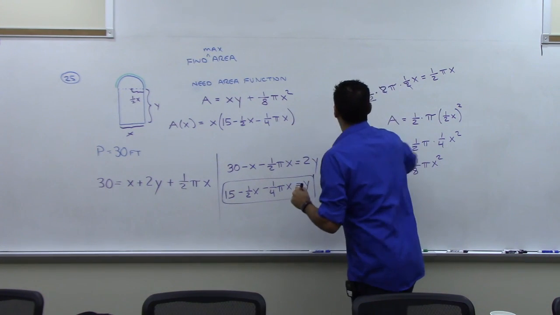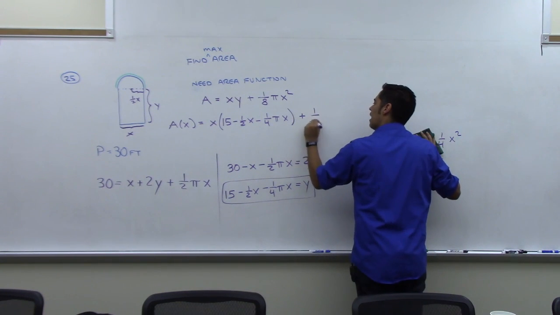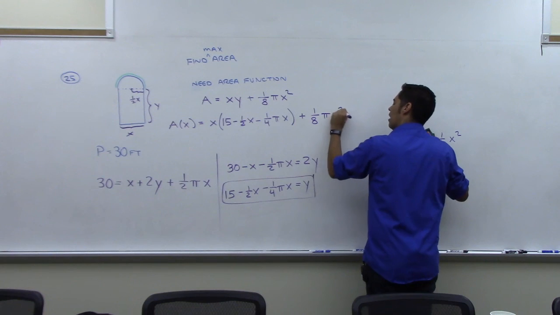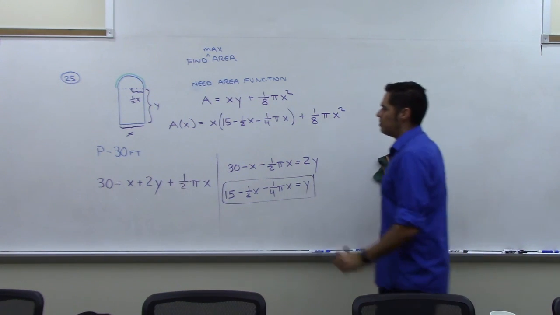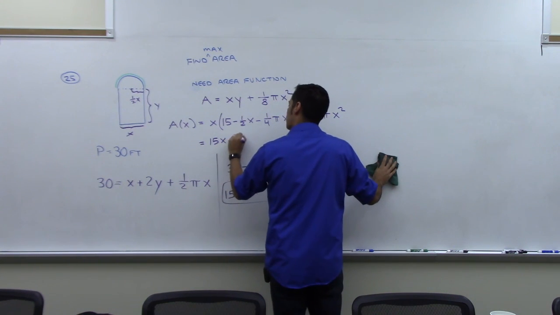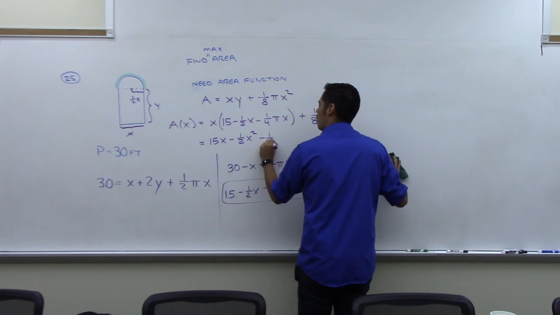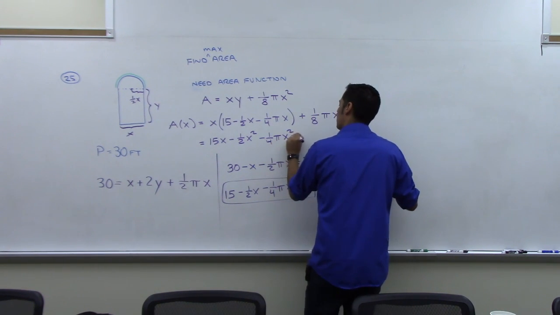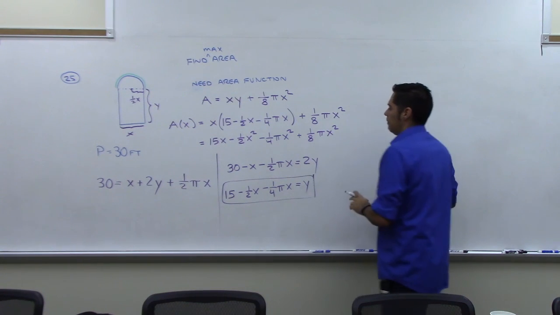But then I still have plus 1/8 pi x squared. Let's distribute that x through. So 15x minus 1/2 x squared minus 1/4 pi x squared plus 1/8 pi x squared.